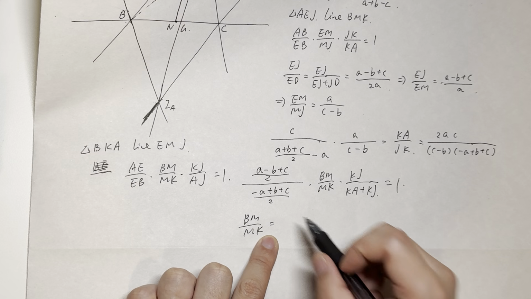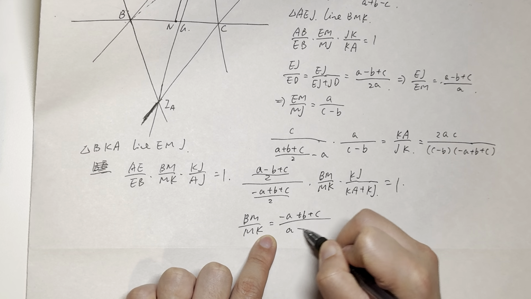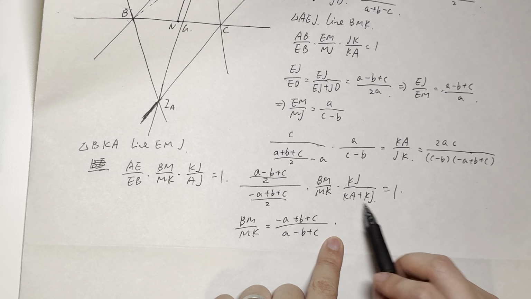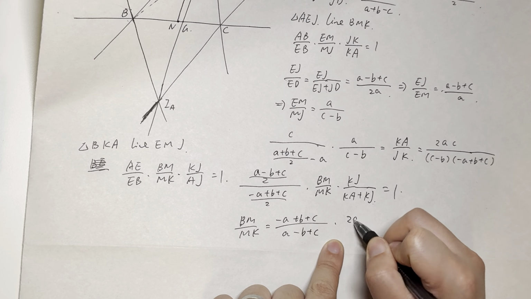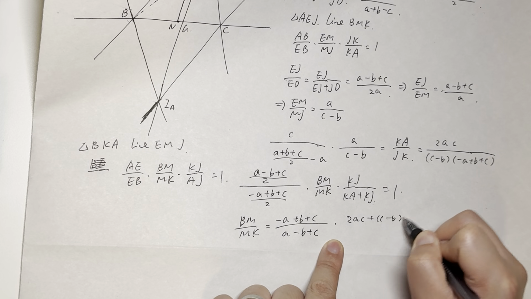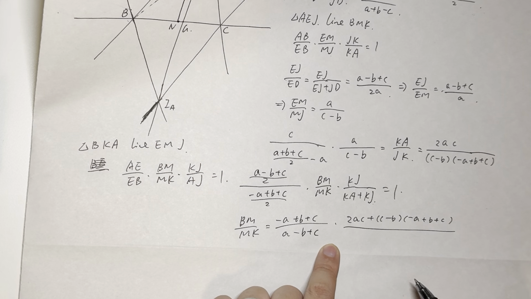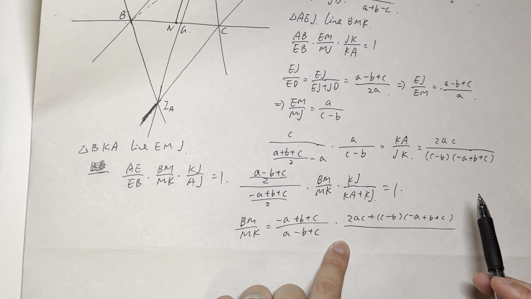We turn this to the other side. That's minus A plus B plus C to A minus B plus C times KA plus KJ. These two add up together, so 2AC plus C minus B minus A plus B plus C, times 2 KJ.